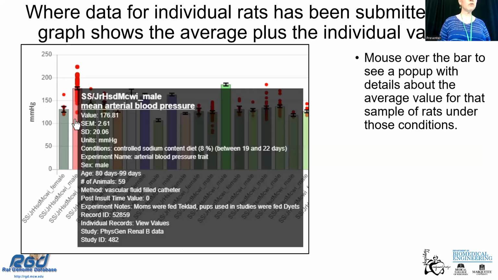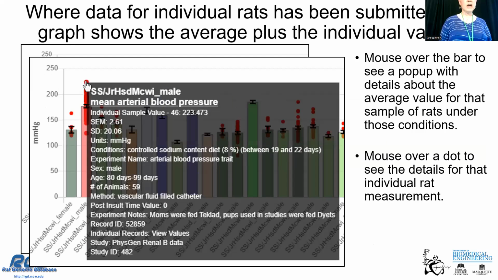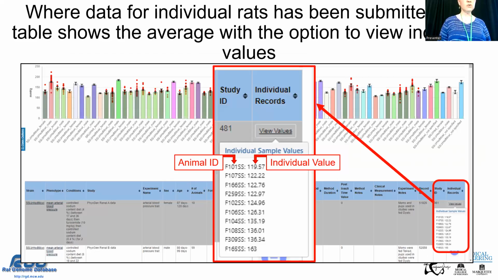So you can mouse over the bar and it will bring up a pop-up with details about the average value for that sample of rats under those conditions. And you can mouse over any of those dots to see the details for that individual rat measurement. You're also able to view those values in the table.